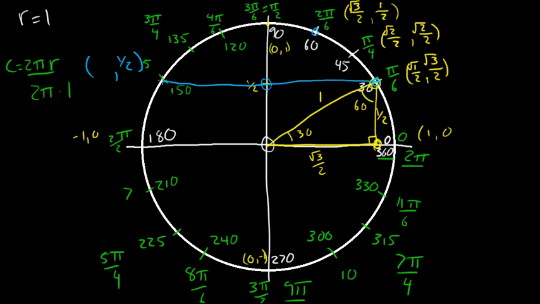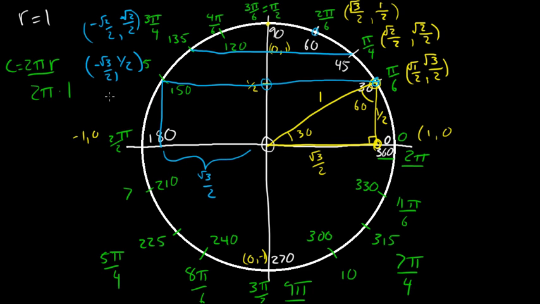And the x value, this distance here, is also root 3 over 2, except we are on the other side of the x-axis. So this is going to be negative root 3 over 2. And you can do that with all these points. You can come over here, and this is going to be negative root 2 over 2, and this is going to be positive root 2 over 2.